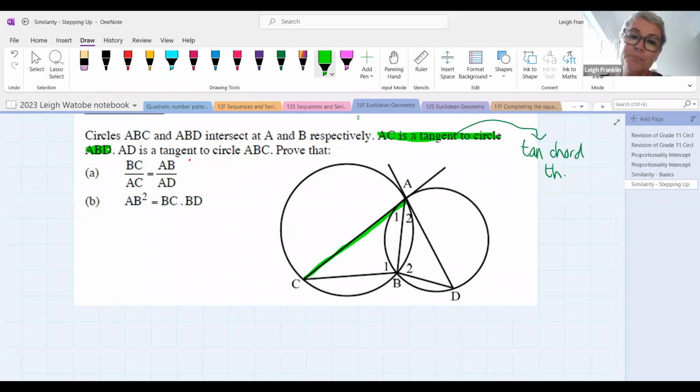So the point of tangency is A, all right? Where do you think the chord is? What line do you think the chord is? There's the tangent. Which line do you think is the chord? Okay, AD is a chord, absolutely.